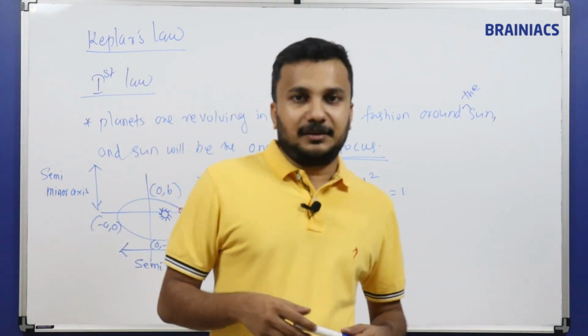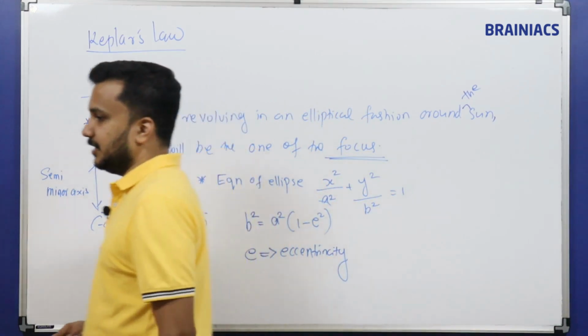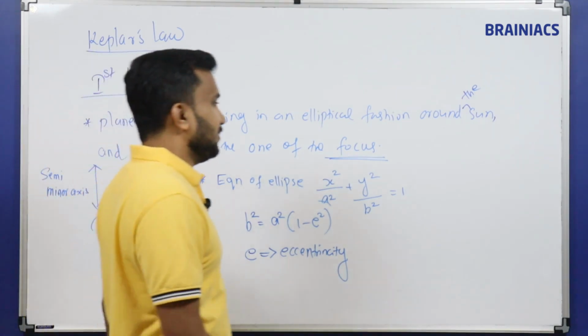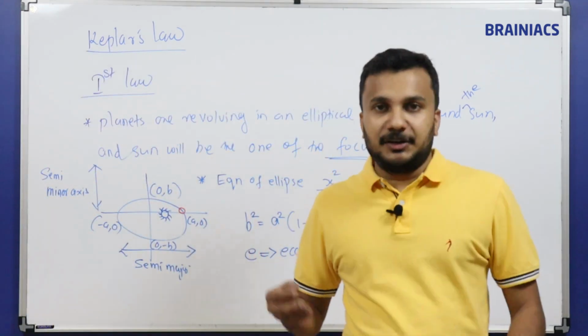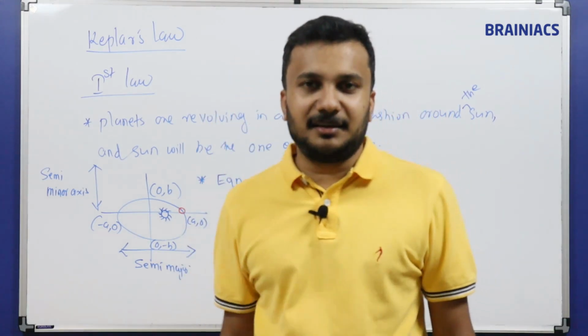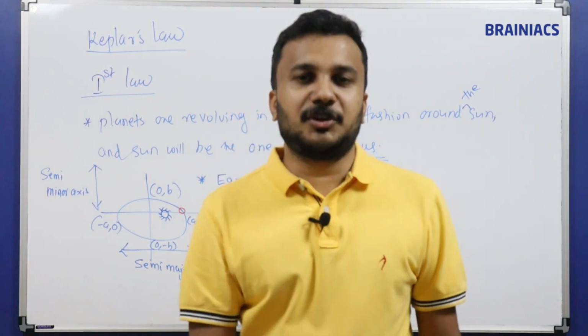Suppose tomorrow your younger brother or younger sister comes to you and asks, what do you mean by eccentricity? How would you explain it? I can explain eccentricity in simple words. Eccentricity indicates the deviation from circular nature to elliptical nature.